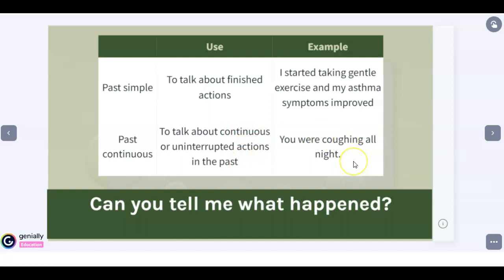You were coughing all night. What about the structure? Remember that when we have the past simple, we need to use verbs in past tense. Don't forget that we have two types of verbs.